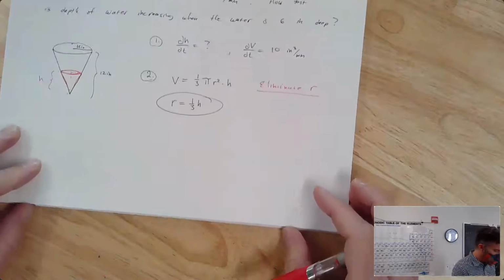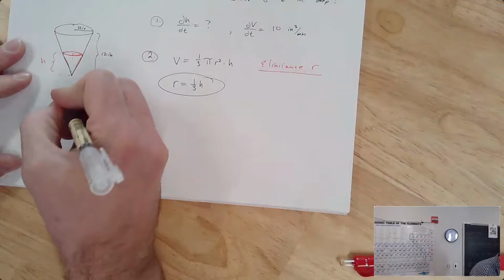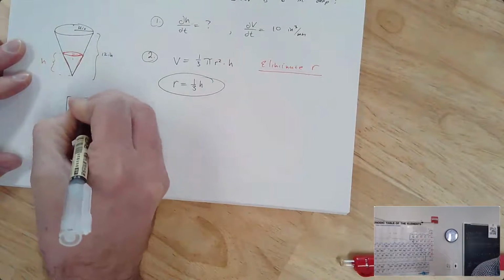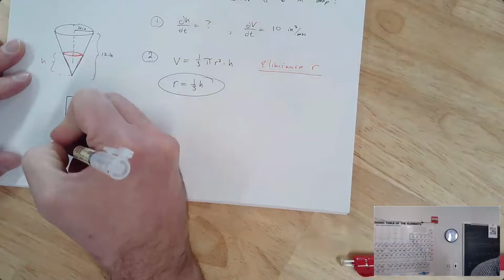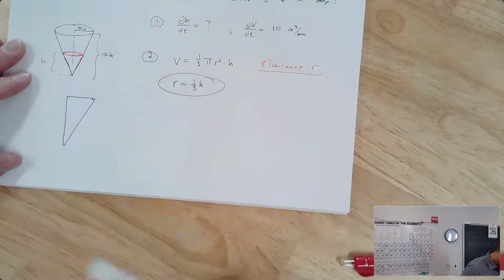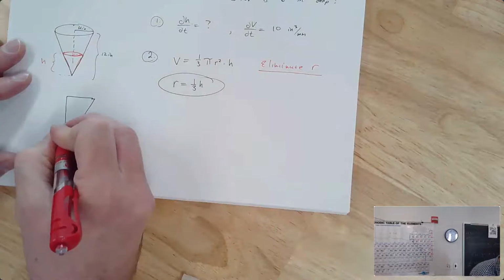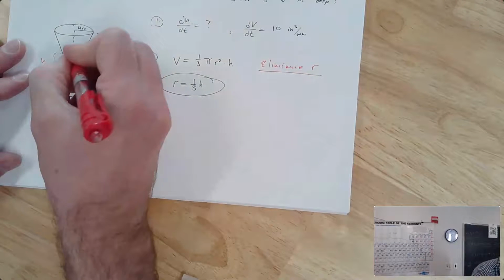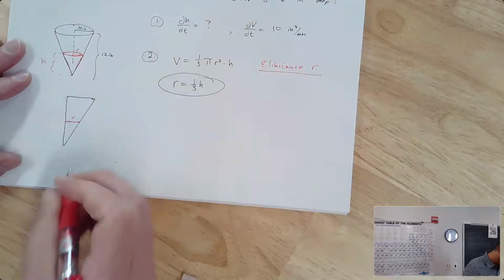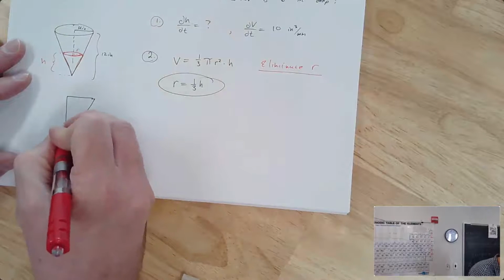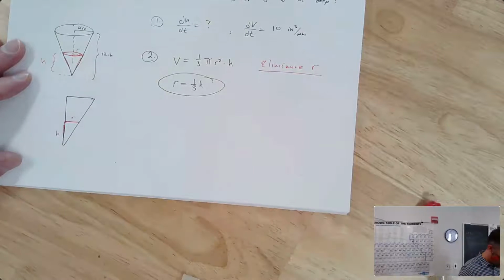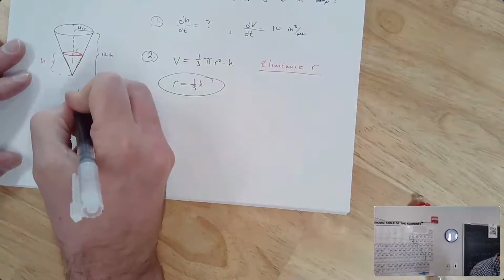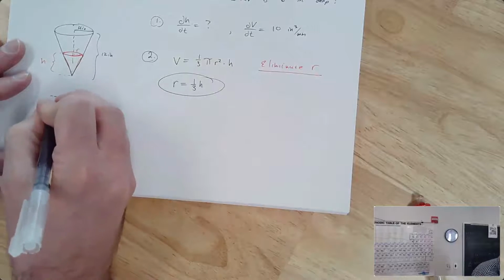If you really want to, and this is what people actually do, if I cut this down the middle and just think about the triangle, you could totally draw the similar triangles, where this here is the radius of the cone, this here is the height of the cone, and this is 4 inches, and this is 12 inches.